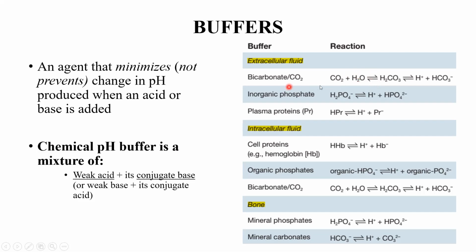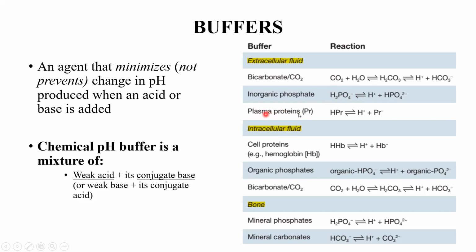Okay, so this is the most abundantly present buffer system in the body ECF. The other one is inorganic phosphate, and here you can see that if you have hydrogen being produced, you can buffer it with hydrogen phosphate anion, HPO4, and this will form H2PO4, which is weak and can be dealt with by the body appropriately.